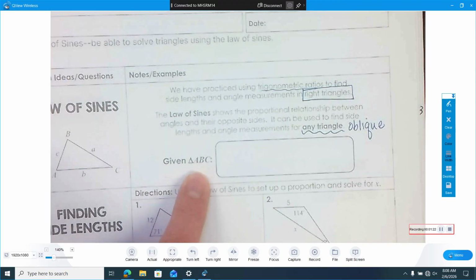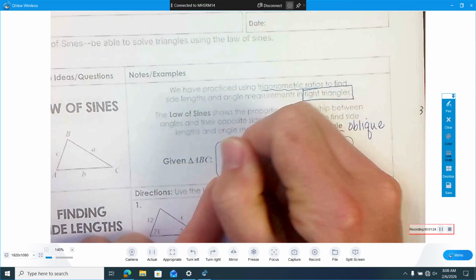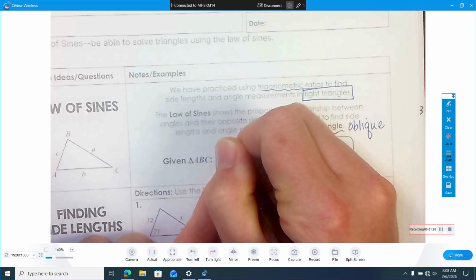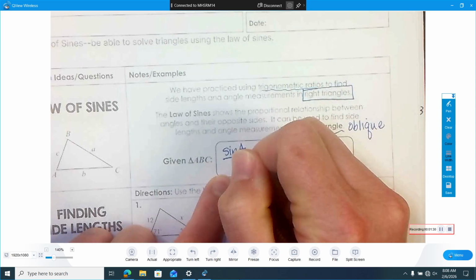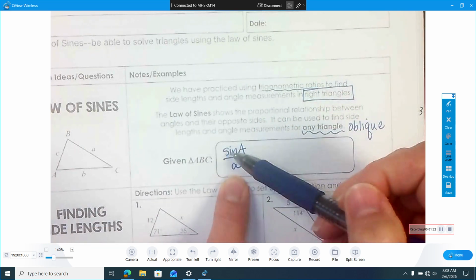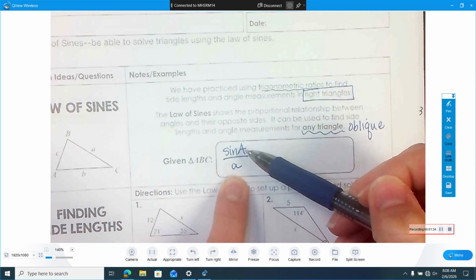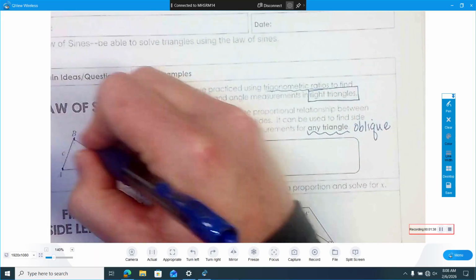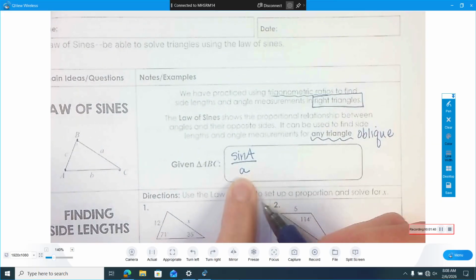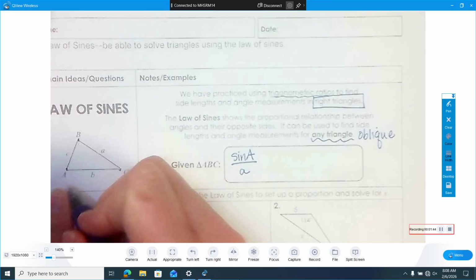So given triangle ABC, it turns out that the sine of the angle over its opposite side, so we do sine of capital A, we use capital letters to represent the vertices of a triangle. We use lowercase letters to represent their opposite sides.